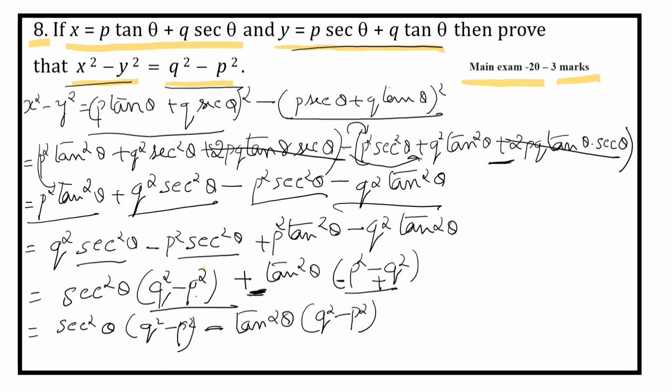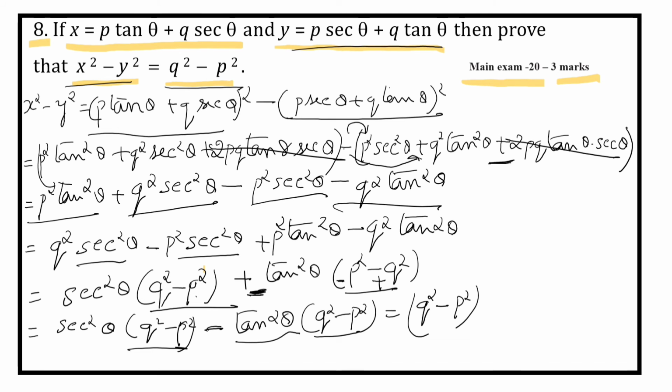Now observe, q square minus p square is common. You can take it outside the bracket, q square minus p square. What has remained inside? Secant square theta minus tan square theta.